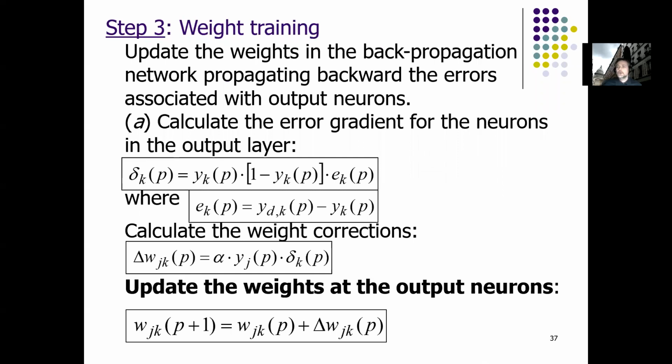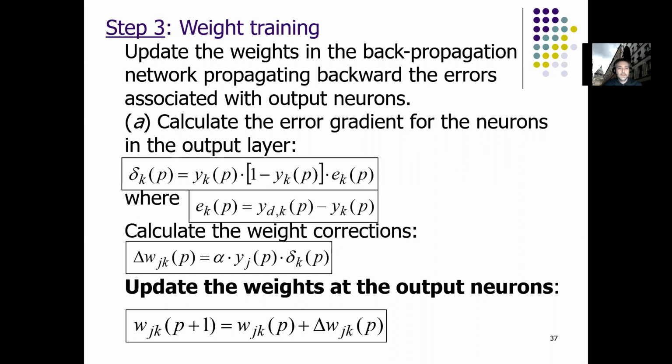And then we have the phase when we want to update the weights, and there are equations which help us to update the weights connecting the last hidden layer to the output layer. And there is a different equation that helps us to calculate updates for the weights that connect the different hidden layers.